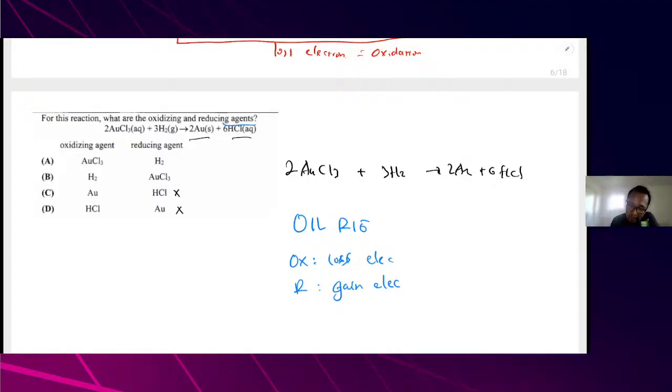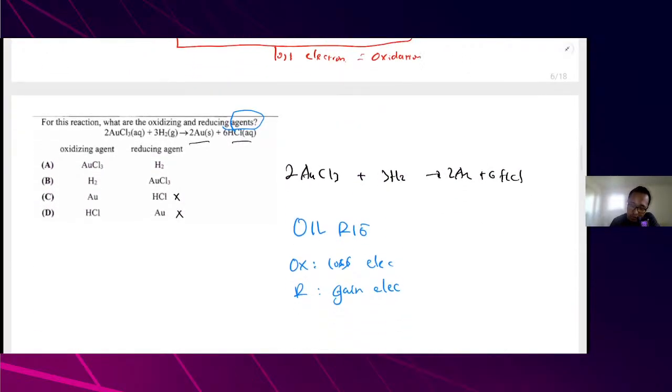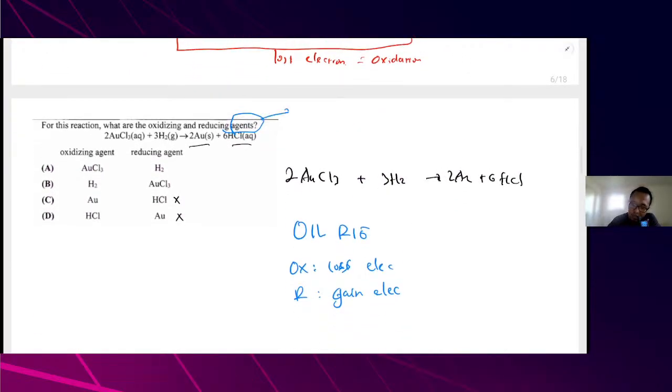The question is about agents, guys. The oxidizing agent is the one that gets reduced. The previous question was not about agents, but which combination represents the reaction. Remember this one is about agents, which means kind of opposite, kind of backwards, but it's because they are named for what they do to others.